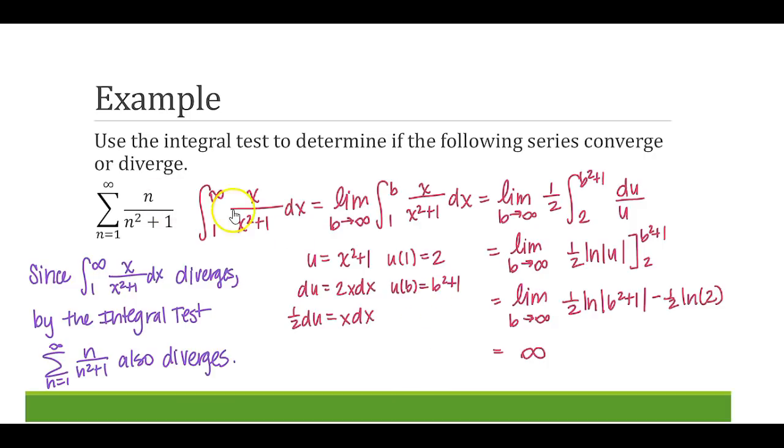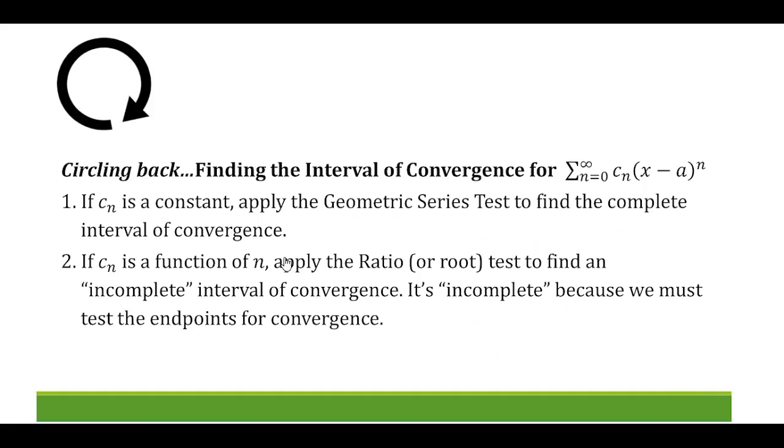So we need our function representation of the general term of the sequence to meet the requirements of being continuous, positive, and eventually a decreasing function. So now, just circling back, finding the interval of convergence for a power series: if Cn is a constant, we can apply the geometric series test to find a complete interval of convergence.